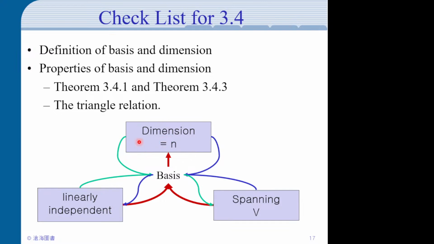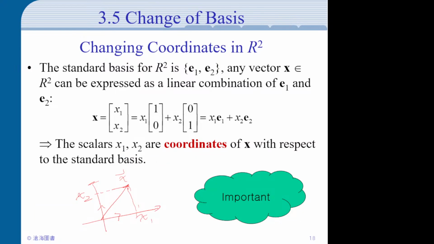And also, if you have n vectors and they are linearly independent, they will also be a basis. So a basis gives us the concept of the dimension of the vector space, and it is also very useful to describe everything inside the vector space.